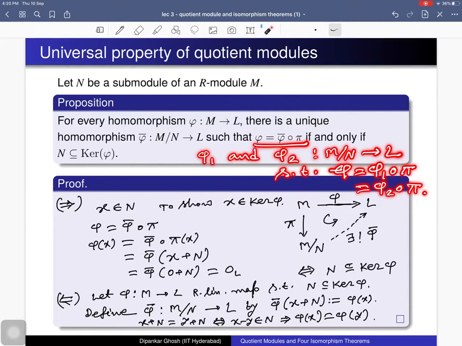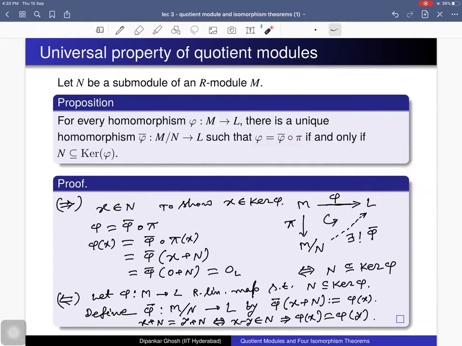Now you need to verify that phi1 is the same as phi2. I will leave this as an exercise, but the main idea is that existence follows from this, and the only thing you need to check is that this is an R module homomorphism, and this kind of map is unique.